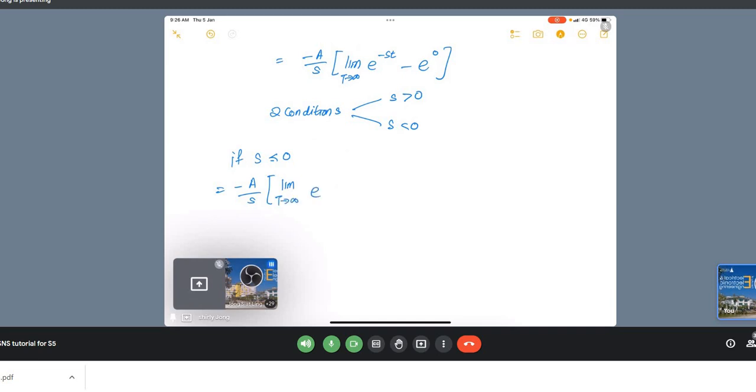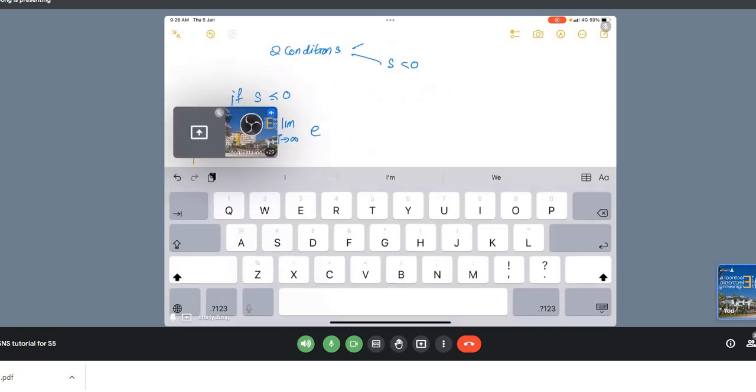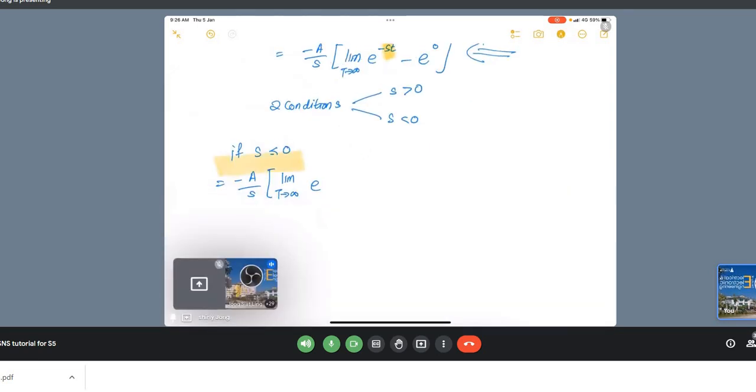When the s here is less than 0, it means that you will obtain a negative value.